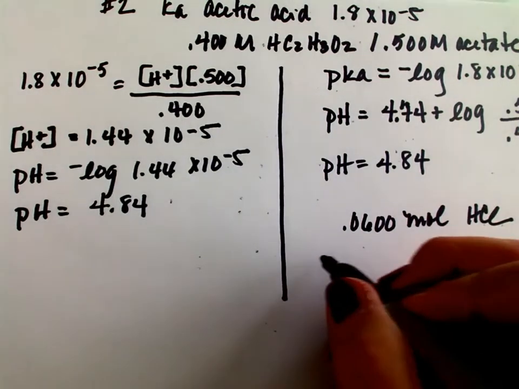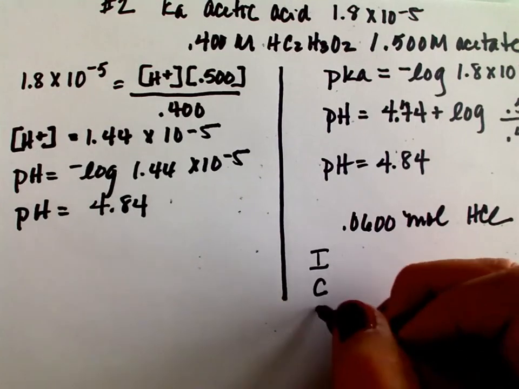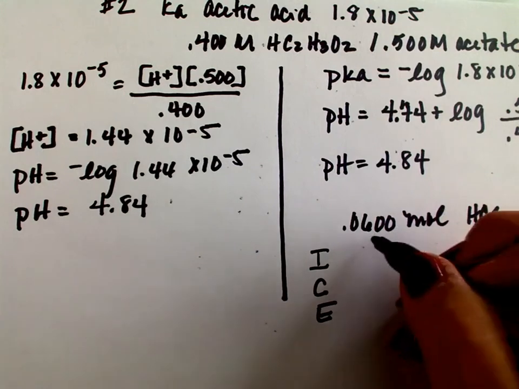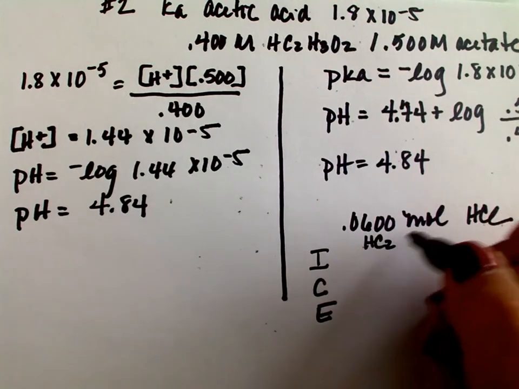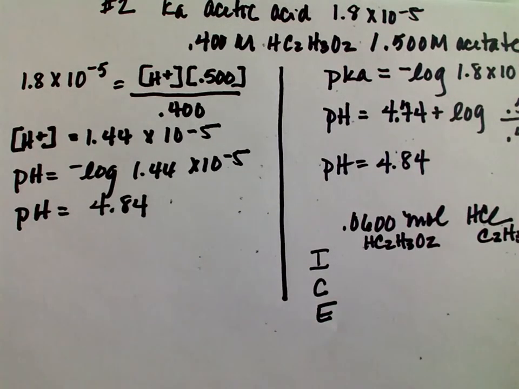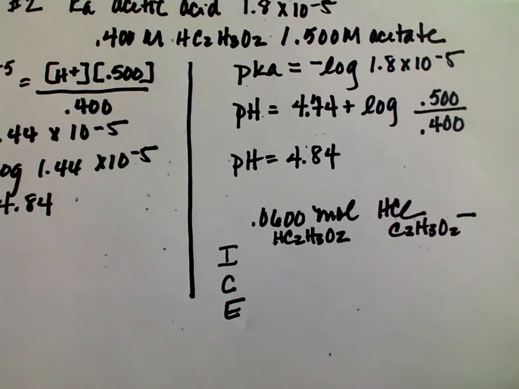So we can set up an ICE table. We have our weak acid, we have the conjugate base, and we know how many moles of hydrogen ion are being added.